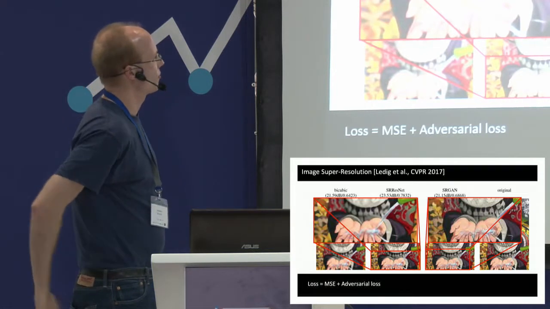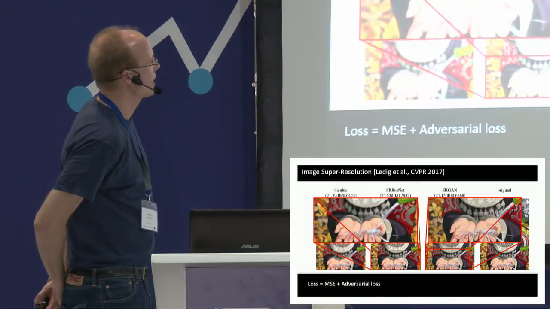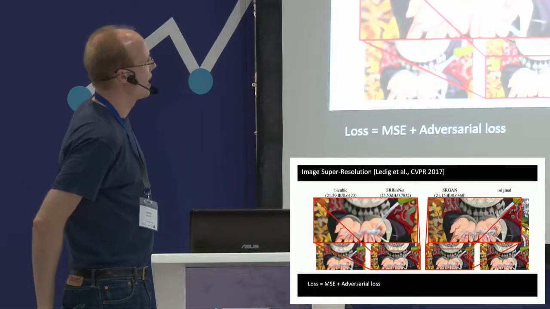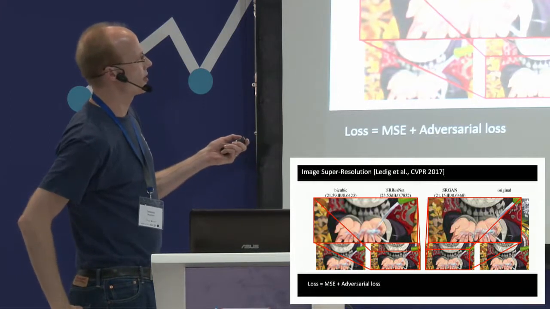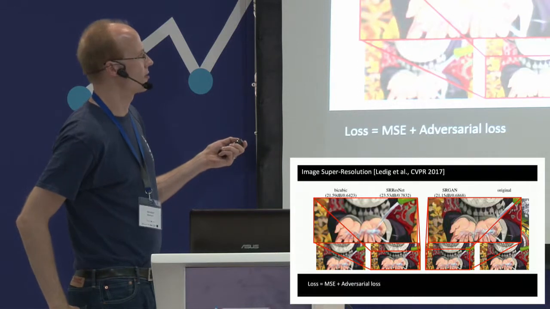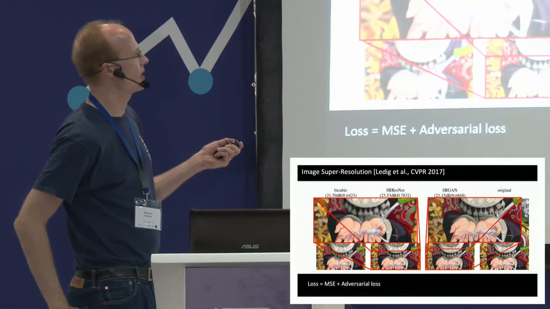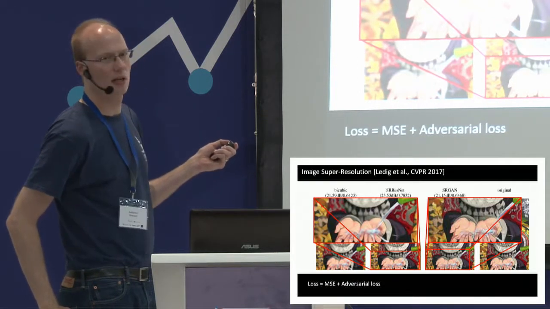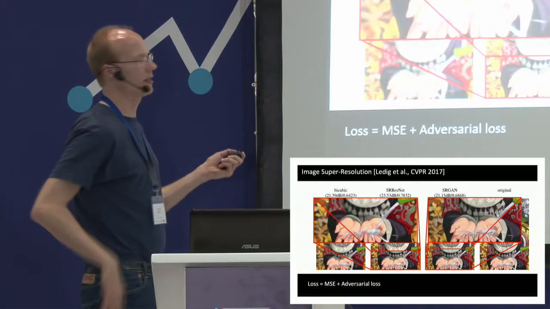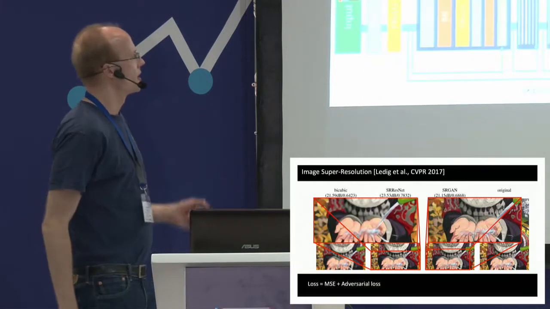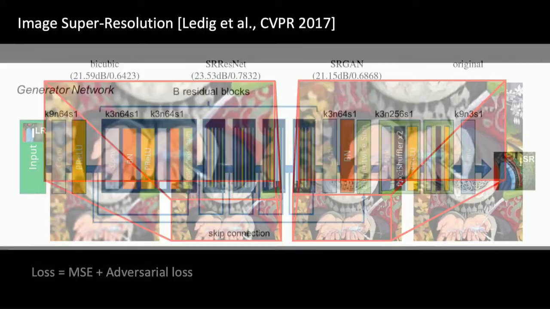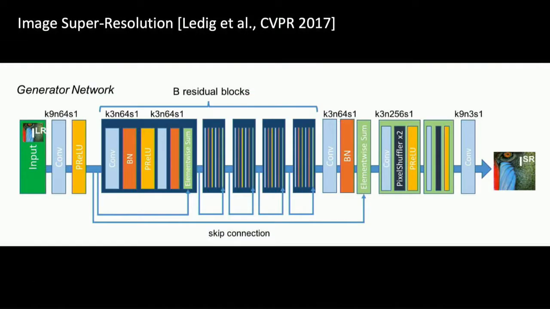So there was a huge improvement. However, you see that by the standard measures of image fidelity, you actually have a decrease, because these measures are very related to the mean squared error. The architecture here is very much similar.